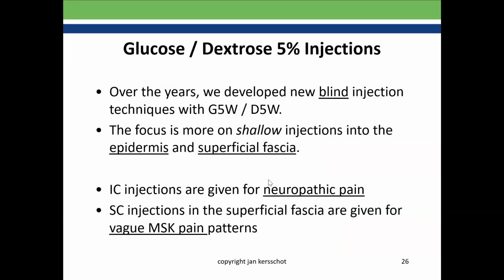So over the years, we have developed new blind injection techniques, and the majority of them, especially for the beginners, are shallow injections where we inject into the skin or in the superficial fascia. The ones in the skin, as I said before, are for neuropathic pain. The others are more for vague musculoskeletal pain patterns. This means the patient says, oh, I have pain here.